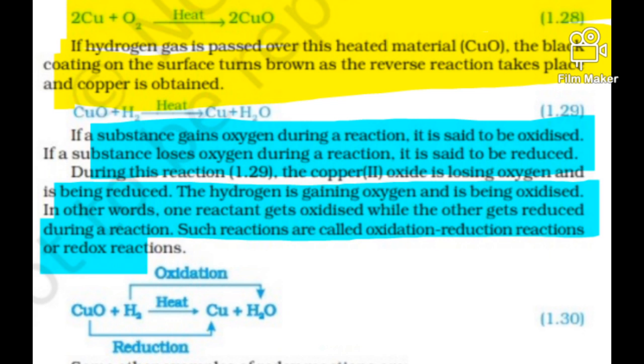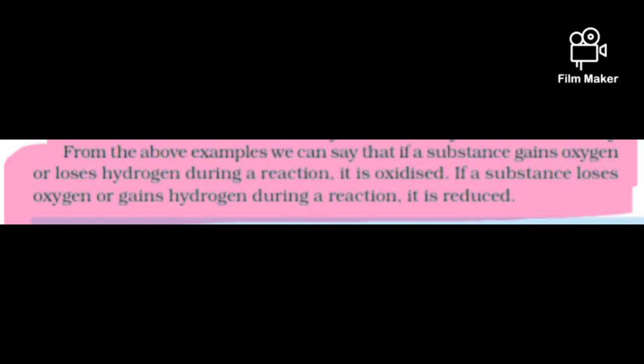There is another way to define oxidation and reduction, and in higher classes you will learn about gaining or losing electrons. Okay, so there it is a higher class concept. I am not taking it right now, but where oxidation and reduction are going simultaneously, we call it a redox reaction, reduction and oxidation, sorry.